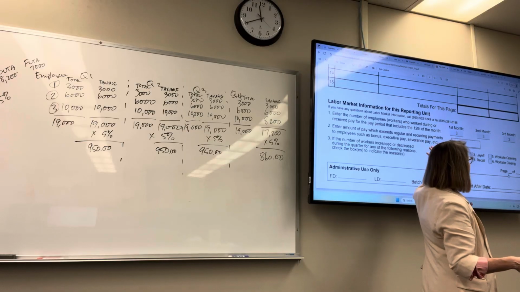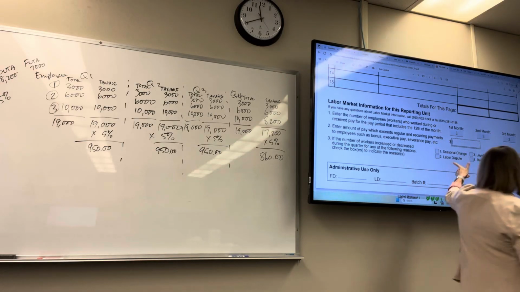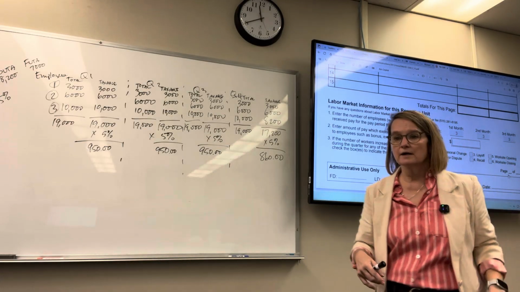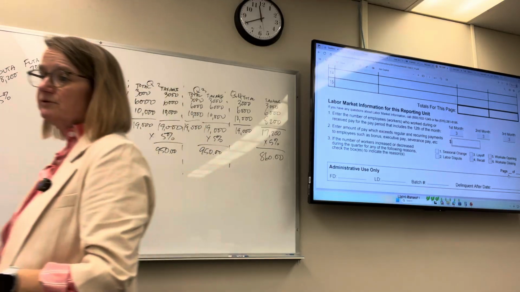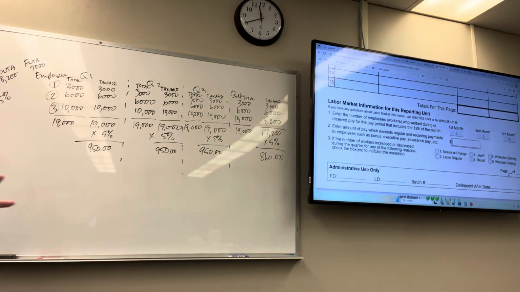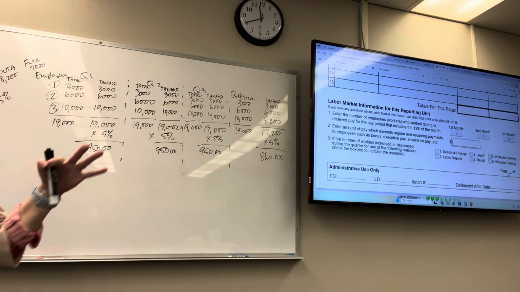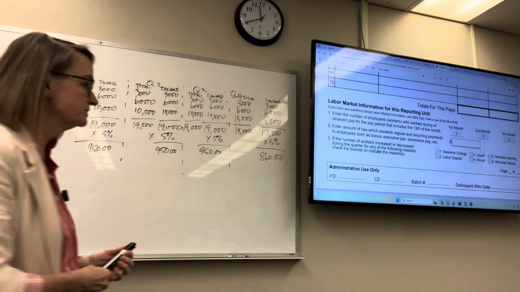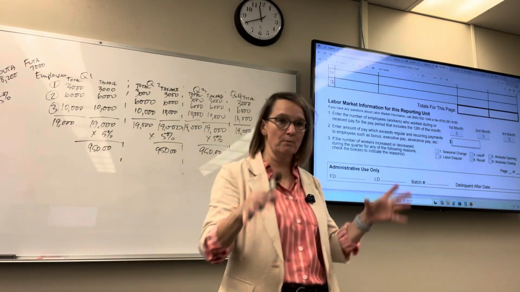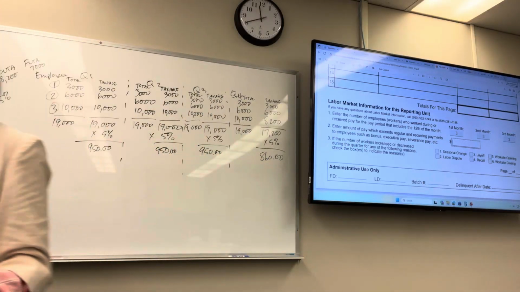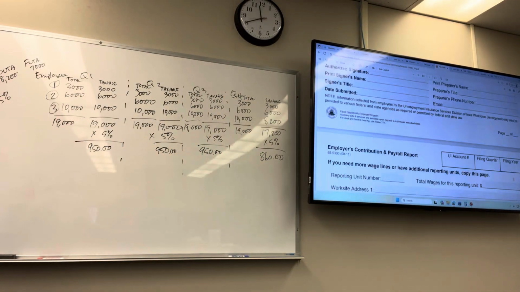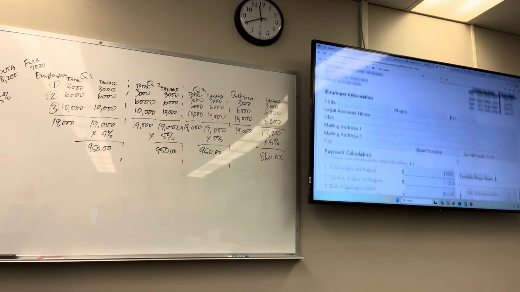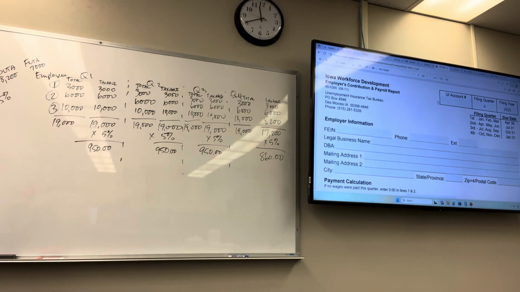But if you had any of these reasons, a seasonal change, labor dispute, layoff, recall, anything like that, if it was a result of that, then you would indicate it. Again, they're just gathering data in order to see what the labor market looks like. So that is the Iowa Workforce Development Form.